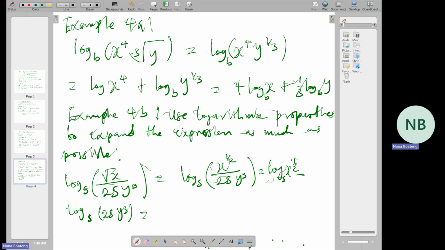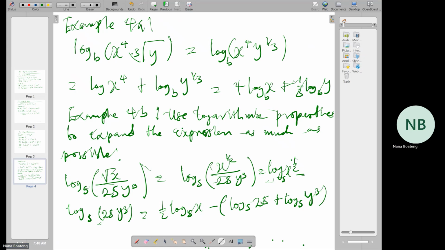And this is equal to, using the power rule, 1/2 log base 5 of x, minus, in parentheses, we use the addition rule on the second term, log base 5 of 25 plus log base 5 of y cubed.